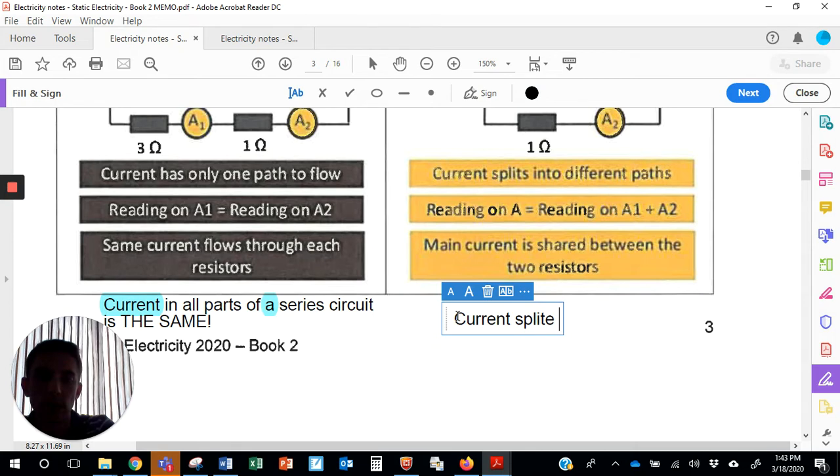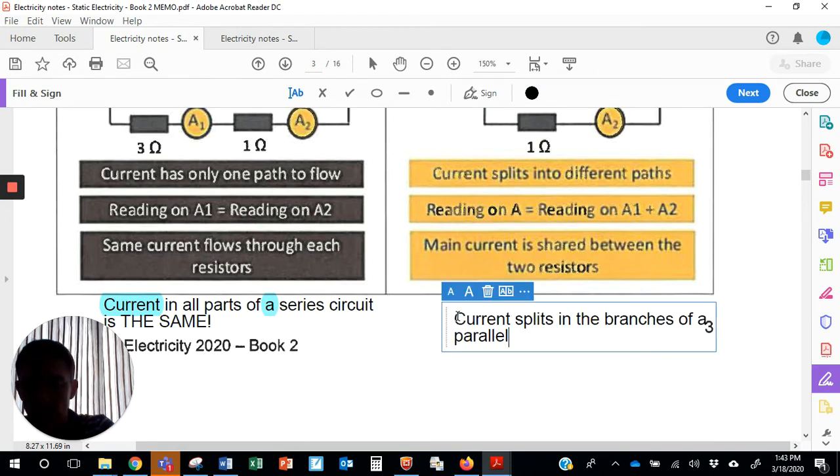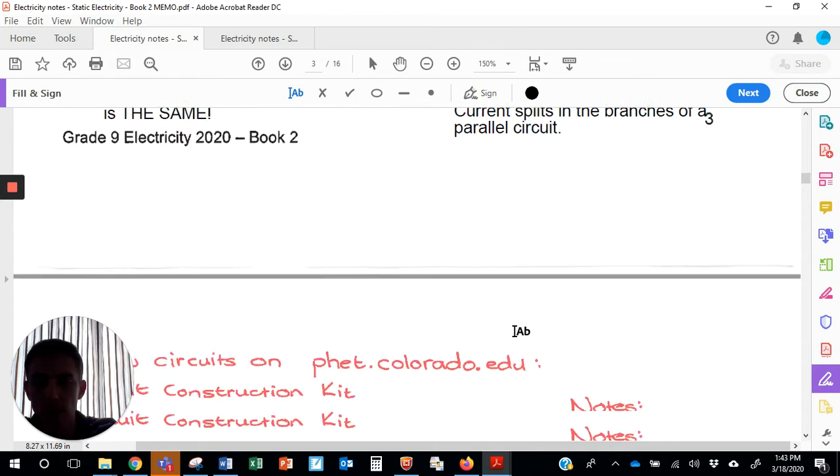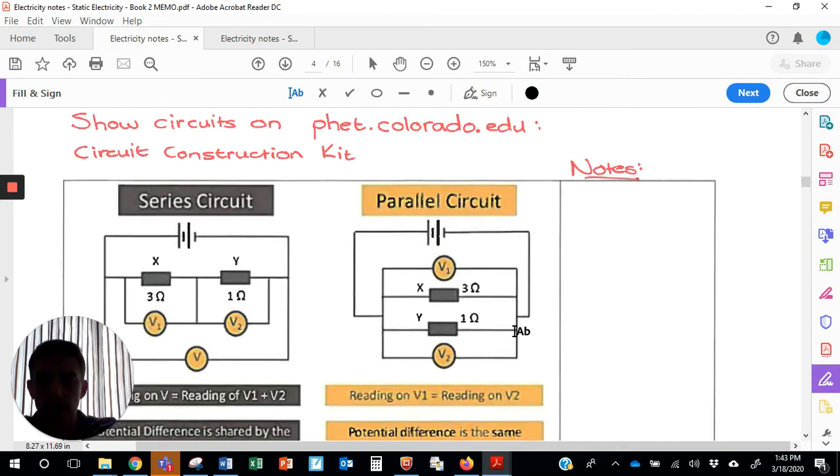Current splits in the branches of a parallel circuit.